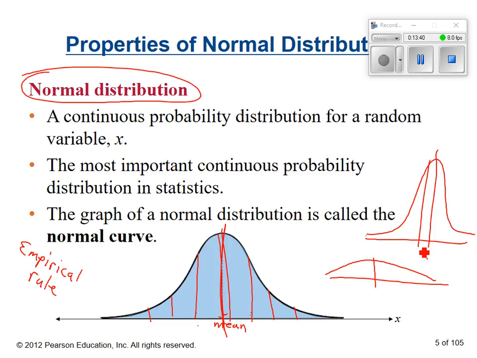If you had something like this, your standard deviation would be bigger, which makes your graph more spread out. Your mean on all of these could be exactly the same. Maybe the mean on this one's 20, the mean on that one's 20, the mean on that one's 20. All the means could be exactly the same, but your standard deviation is telling you how your graph is actually spread.